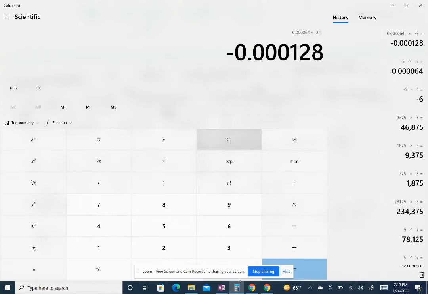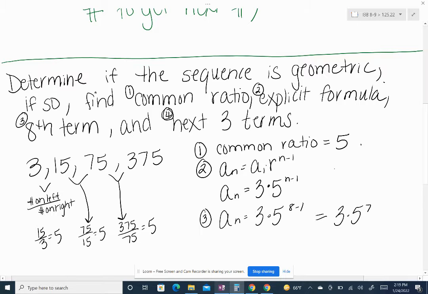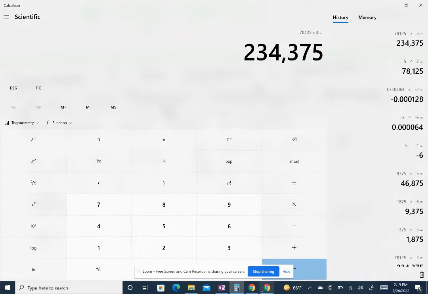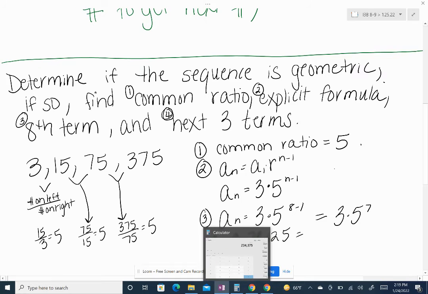Put it in my handy dandy calculator. 5 to the power of 7 gives me 78,125. Multiply that by 3. That gives me 234,375.